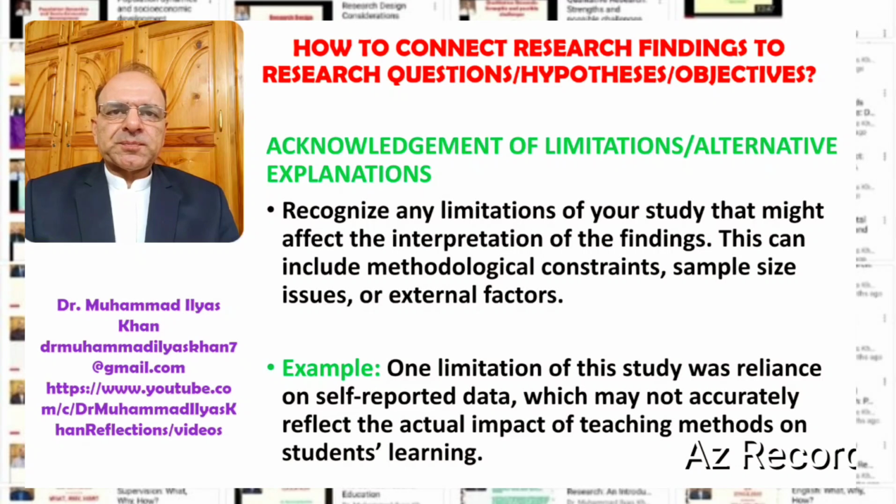We need to deliberate on the theoretical and practical background or implications of the study, and we need to acknowledge the possible limitations of our findings in the particular context of our study. This is how we will have a clear connection between our research objectives, questions, and hypotheses and our research findings, and this is what is reflected in most organized, well-connected research.